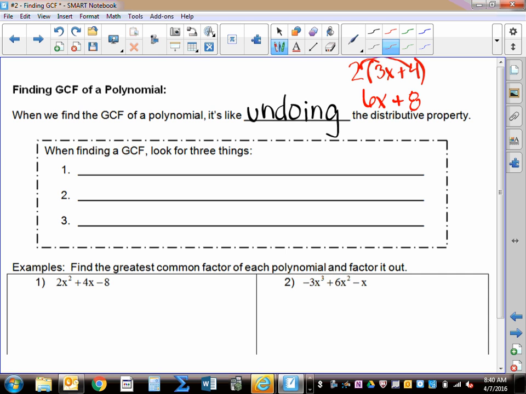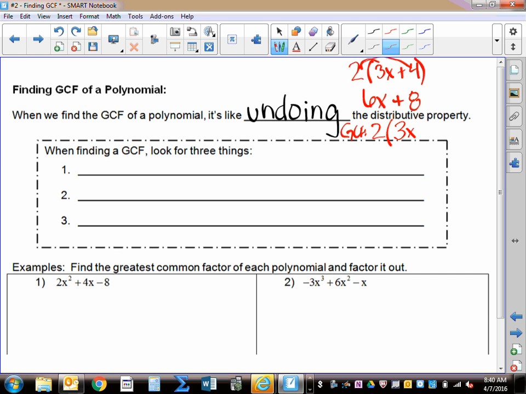Alright, well now let's find my GCF of 6x and 8. What's my GCF of 6 and 8? 2. And can I do a GCF of x and 0? No, so what's my GCF? Oh, look! GCF is 2. That's what I distributed. So if I take a 2 out of 6x, what's 6x divided by 2?